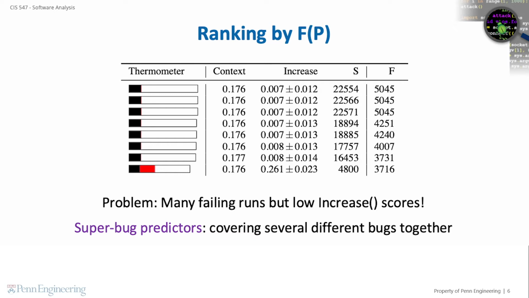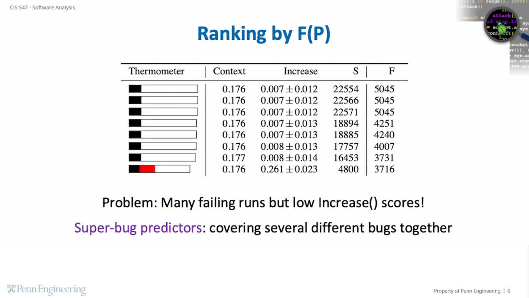We call these types of predicates superbug predictors because they tend to cover several different bugs together. In this sample report, sorted by the number of failing runs, each of these predicates is true in a large number of failing runs, ranging from 3,700 to 5,000 each.